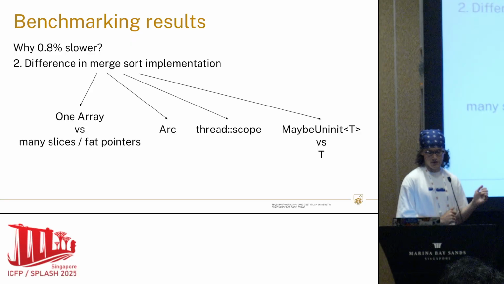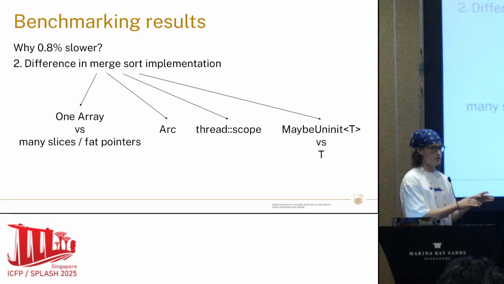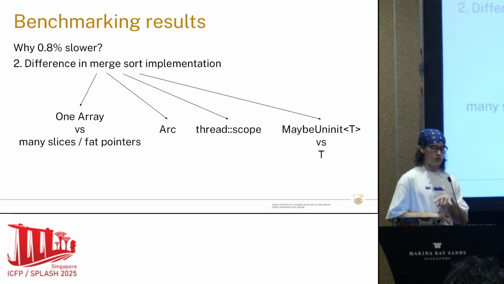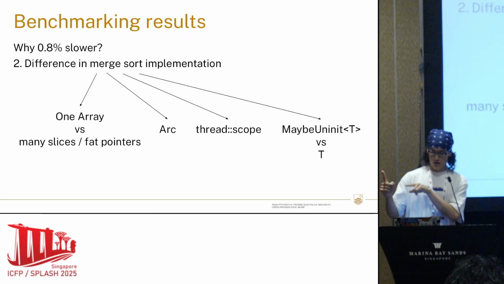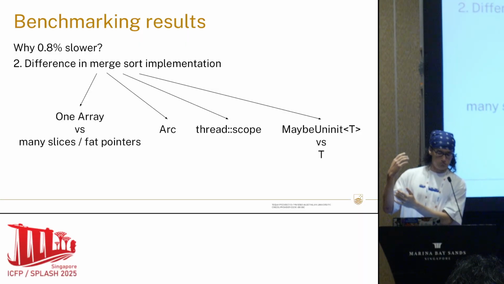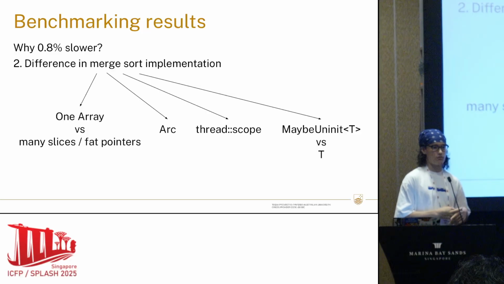The second set of reasons could be that, first of all, the implementation is different. In the first implementation, we have slices that recursively get split. But in the second version, we just have one pointer to the buffer, and it gets propagated to all of the threads. The second difference is that we use Arc pointers, which are atomic reference counters.